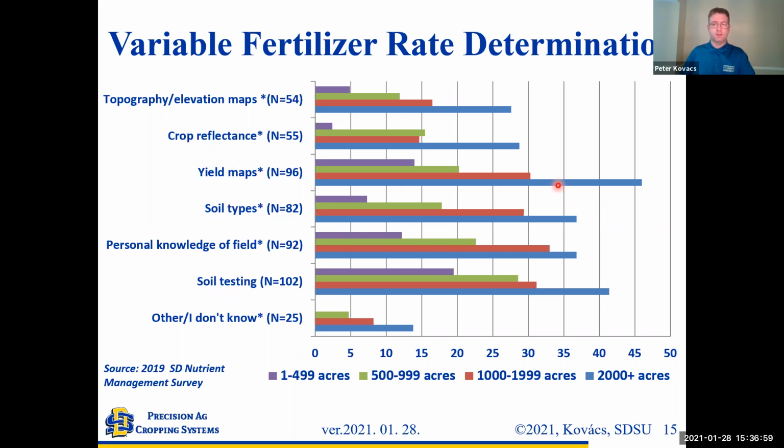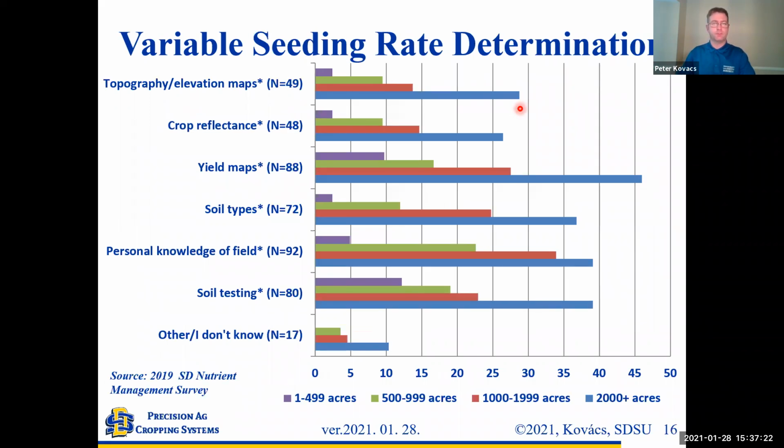So we can see that, combining the yield maps, depending on the producers, somewhere between 30 to 45% of them are using them for variable rate fertilizer application, but even the topography map alone, 15 to 25% of the large producers are using this as a data layer.